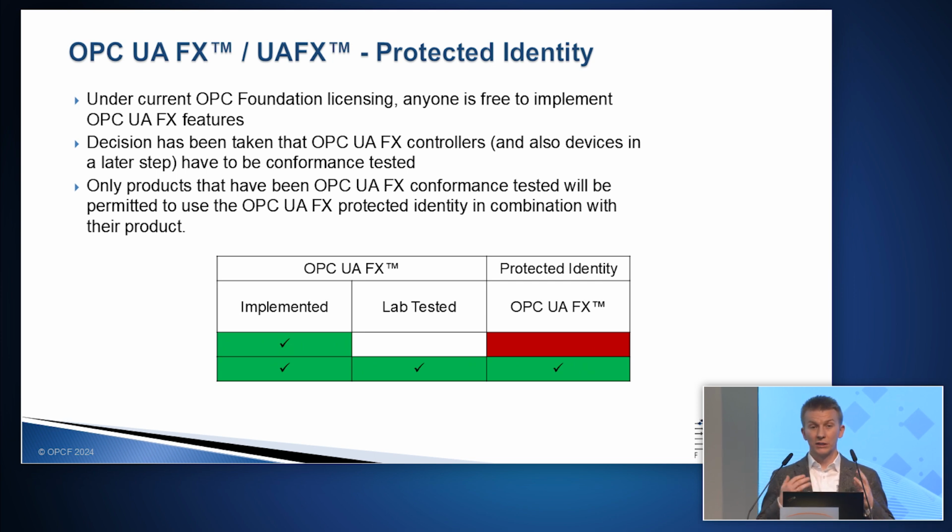And what the team agreed on very early is that there needs to be testing for that, and that the only allowance to actually use those terms, so OPC UAFX or UAFX, with a released product, is if you have run through the testing. So if you see that associated with a released product, you can actually trust in its UAFX functionality to work fine. This is what we created for all the end users out there.